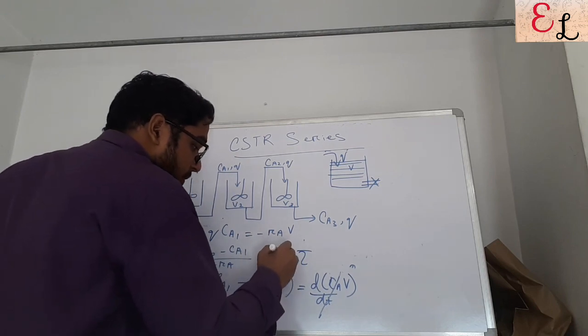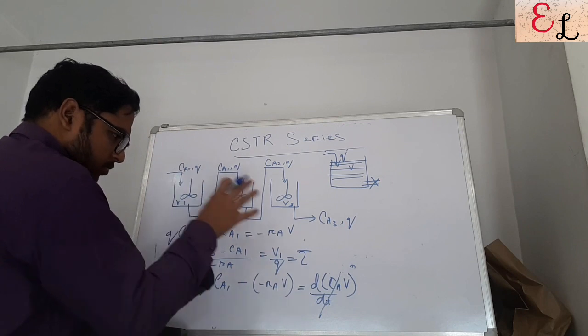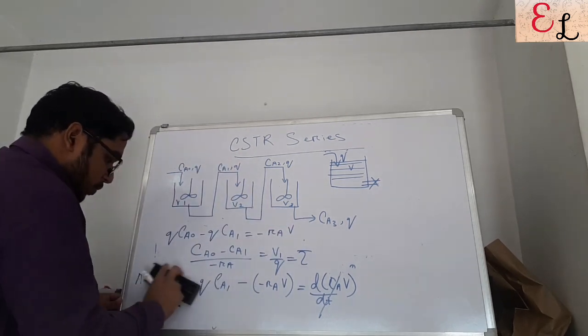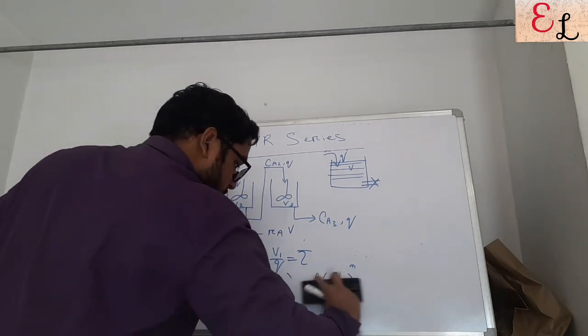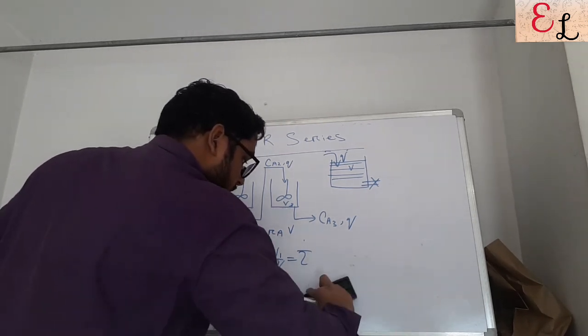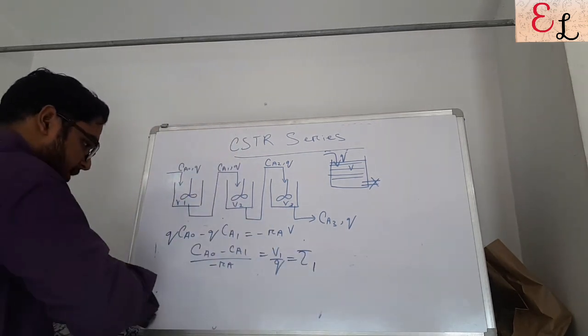So this is V1 by Q, where V1 is the volume of the first CSTR. So we finally end up with CA0 minus CA1 equals V1 by Q equals tau 1, for the first reactor.